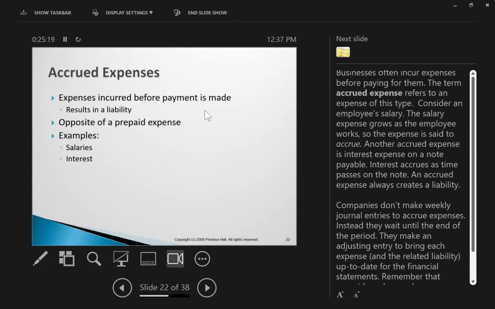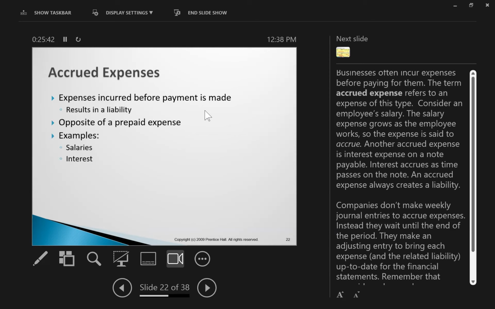Accrued expenses. Accrued expenses incurred before the payment is made result in a liability. In other words, we've received something, but we haven't done our share yet. We haven't done our part. So that means that we owe, okay? Businesses often incur expenses before paying for them. The term accrued expenses refers to an expense of this type.